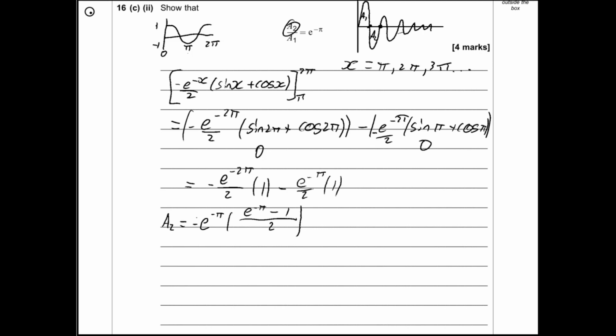So we need to figure out what A2 over A1 is. So we've got minus e to that, all of this right here over A1, which was kind of like forgotten.